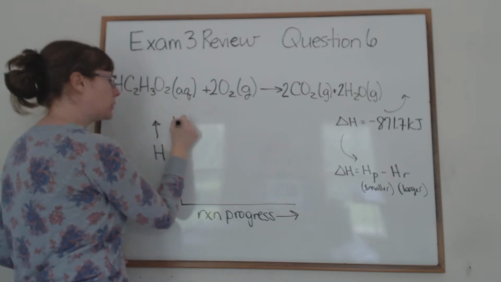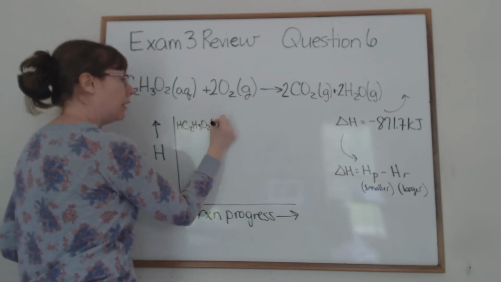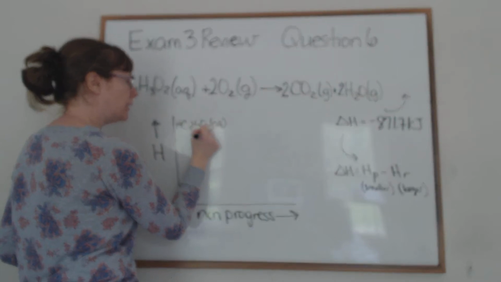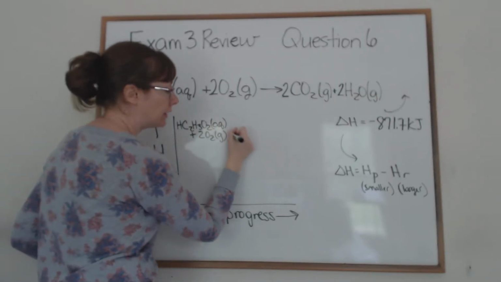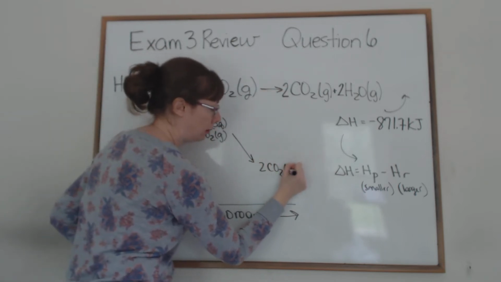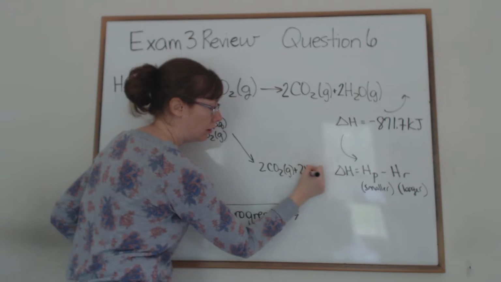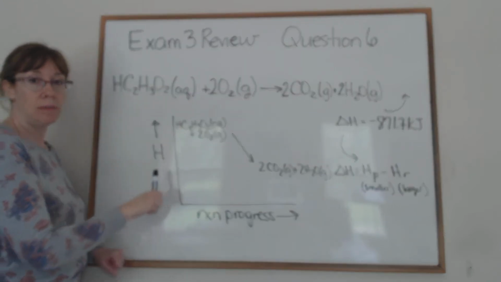And so all you have to do is just record the 2 reactants and the 2 products. I'll just do it like this. Draw the reactants higher, and draw an arrow like that down to the products. Okay, and that's what the enthalpy diagram looks like.